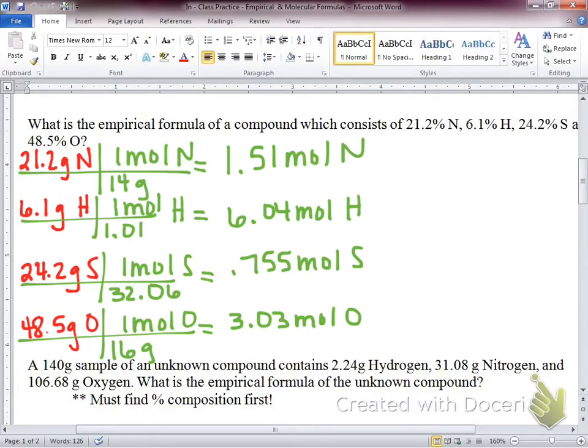Our next step now, once we have all our moles, is to divide by the smallest. So which of these elements gives me the smallest number of moles? Sulfur, right? Or 0.755. Okay? So now I'm going to take each of my mole values divided by 0.755.